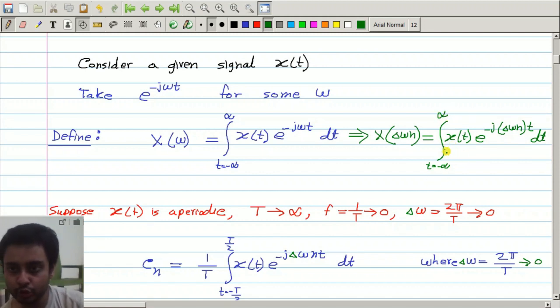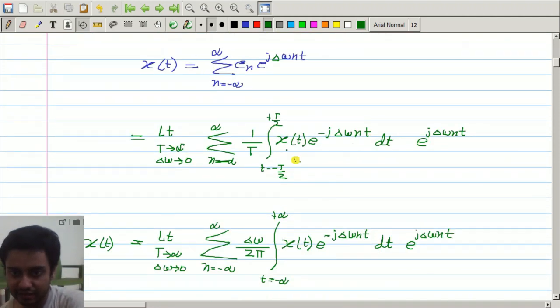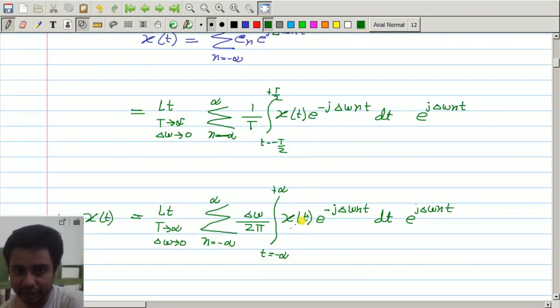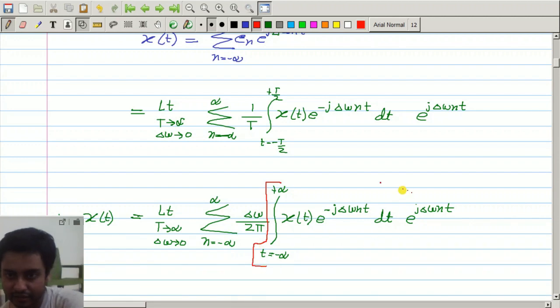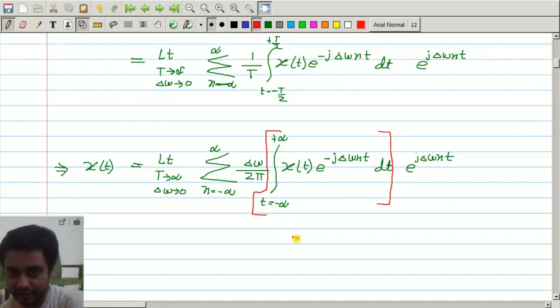Now you look at this quantity. This is exactly what we have here, right? So that means this thing is capital X of delta omega n, and let me keep all other terms as they are.